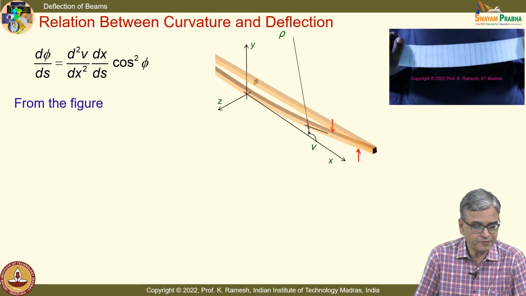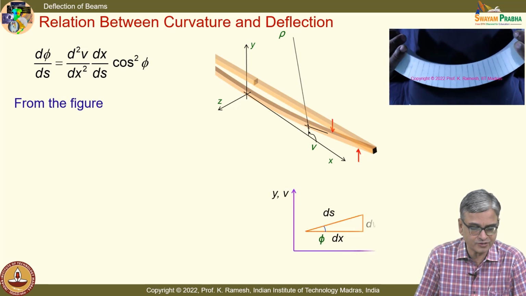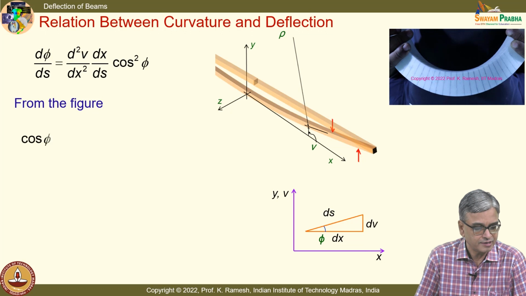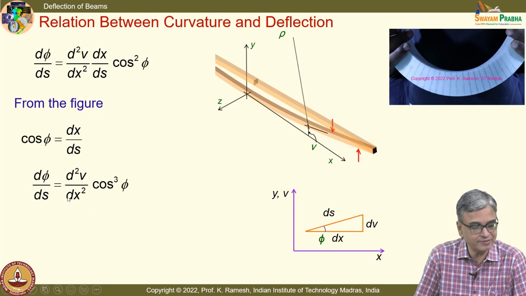And from the figure I can write what is cos phi. So, cos phi is dx by ds. And so, I can also say that dx by ds cos squared phi becomes cos cube phi. So, I have d phi by ds given as d squared v by dx squared cos cube phi.